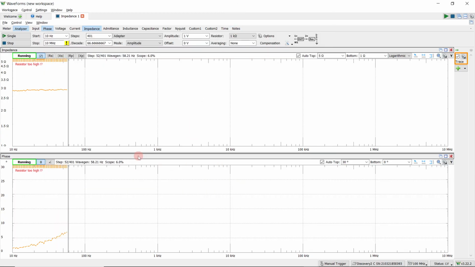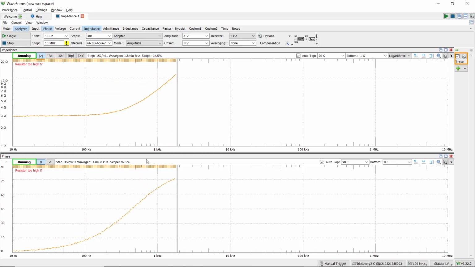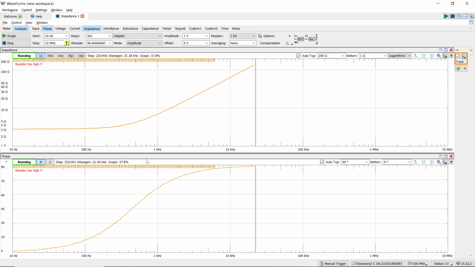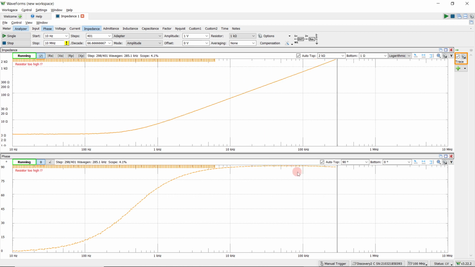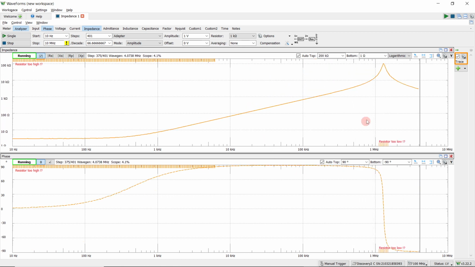And so now the measurement should also be a little quicker. If we further go up in frequency, impedance goes up with frequency, phase shift goes to 90 degree, and then something interesting happens.